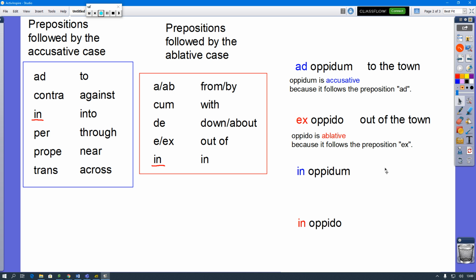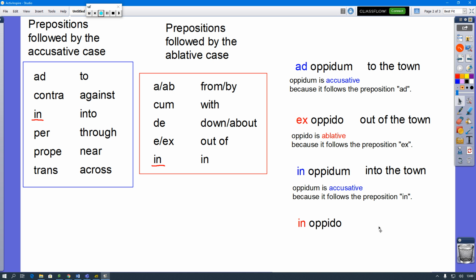With the preposition in, I have to be careful about what case comes after it. In my first example here, oppidum, well, that's a Marks and Spencer's ending, so I know that's an accusative ending. I've met that before when we did objects. So in oppidum must be into the town, because oppidum is accusative.